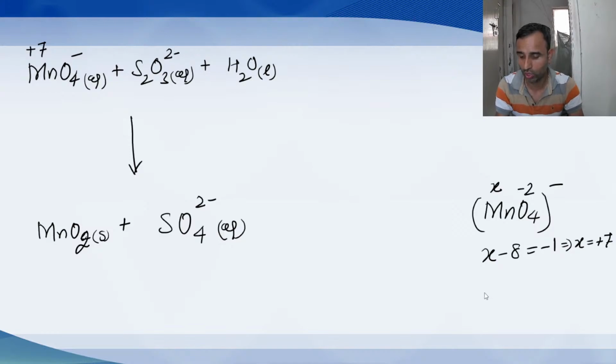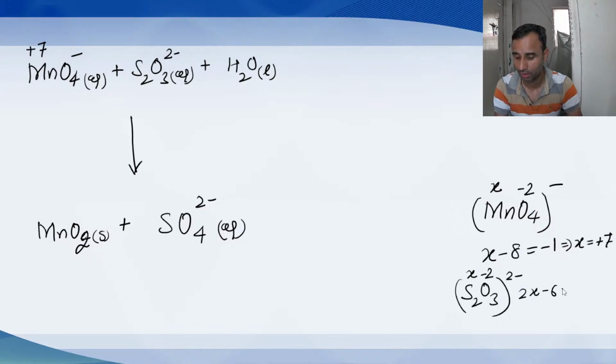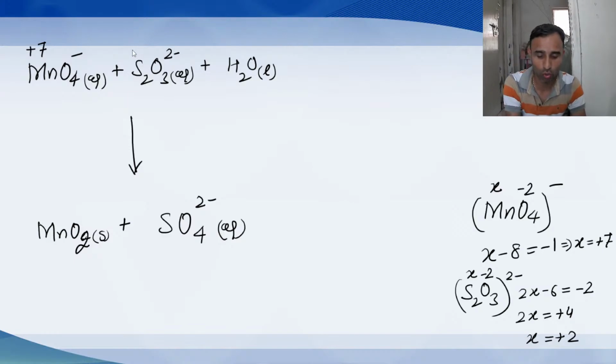Now in S2O3 2-, 2X minus 6 equals minus 2, 2X equals plus 4, X equals plus 2. So in S2O3 2-, sulfur has plus 2 oxidation state.